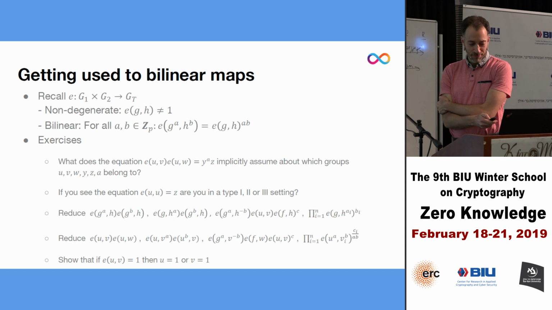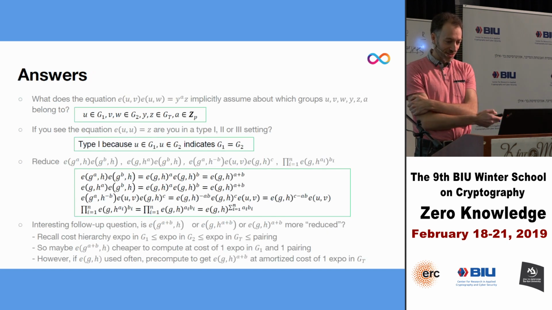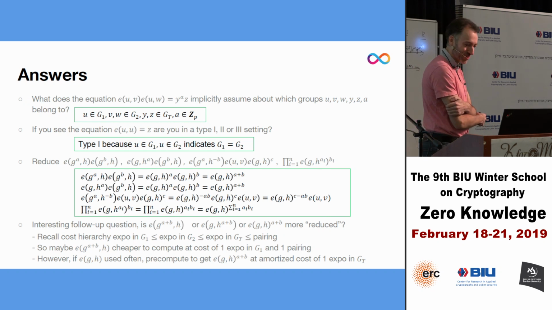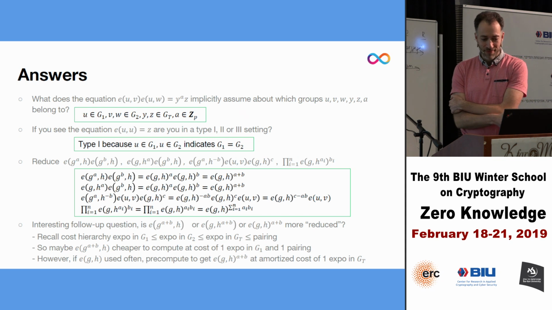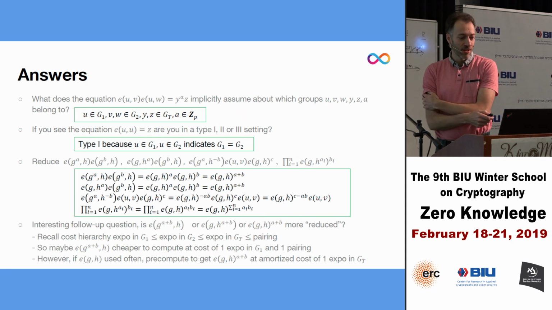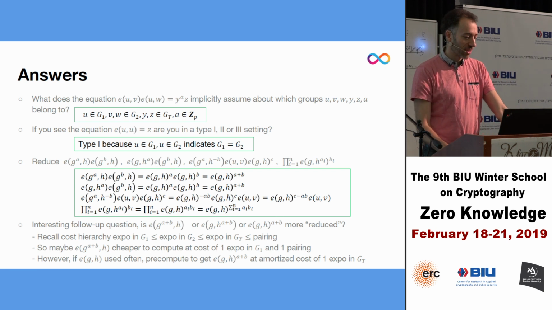Okay, so let me present my own solutions to these, aside from a typo that some of you were so kind to point out to me. So for the first question, which groups these belong to, the implicit assumption is that the left side of the pairing is elements in source group 1, so U would be in source group 1.